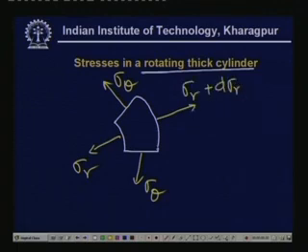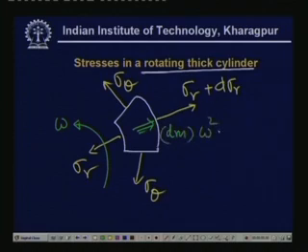In addition, here there will be one force which acts along the radial direction, that is the centrifugal force, because now the entire thing is rotating with omega. So there will be another force whose magnitude is the mass dm times omega square r.